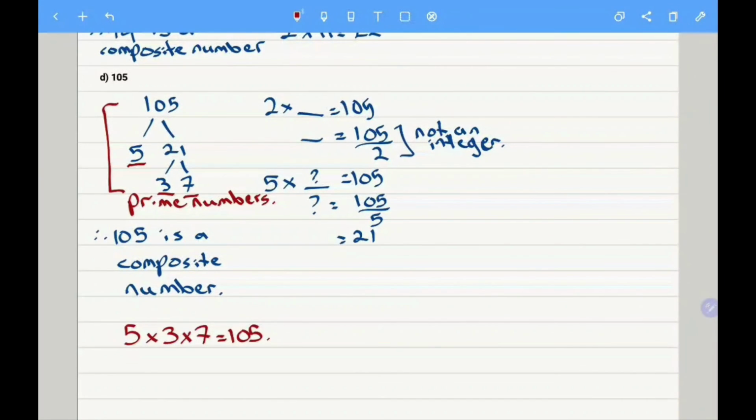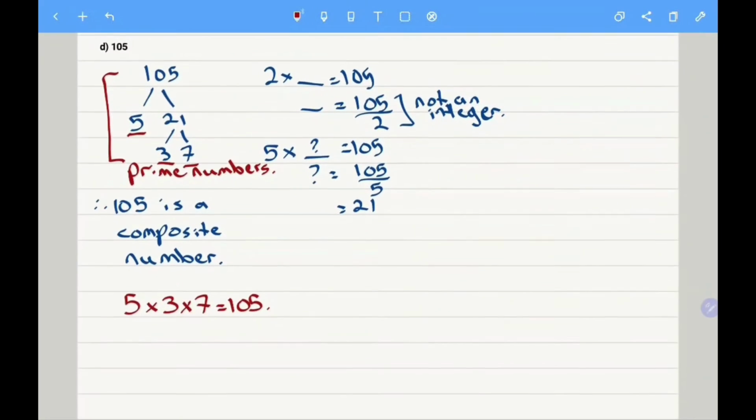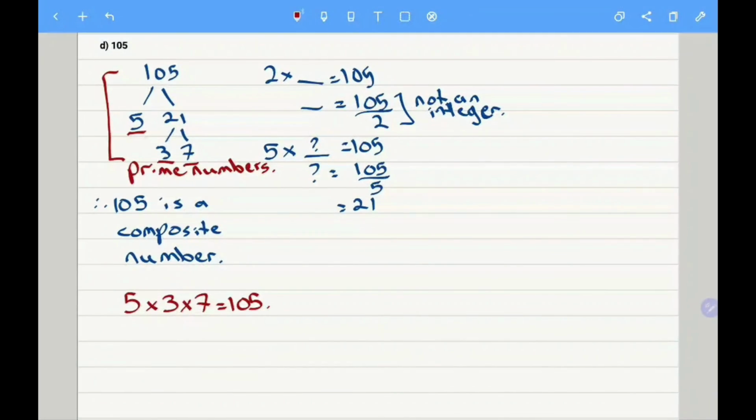But if a question asks you to write a composite number such as 105 in terms of its factors, what you can do is this. First, you use a factor tree and determine its factors and hence its prime numbers.